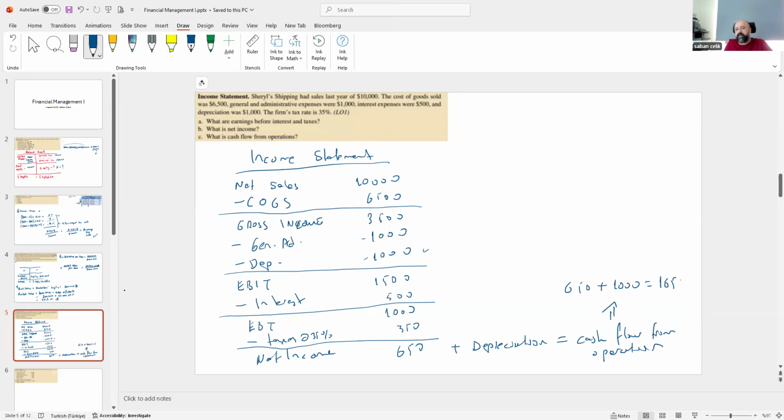So it's going to be 1,650, if I didn't make any mistakes, cash flow from operations. So this result will be cash flow from operations. This is net income, and this is earnings before interest and taxes for this question. That's it.